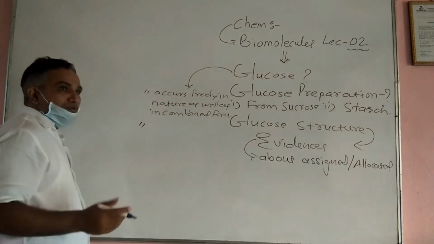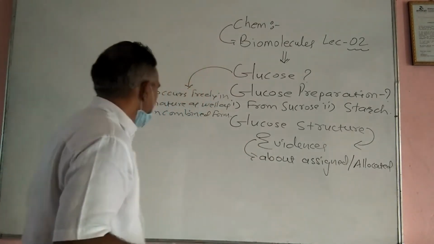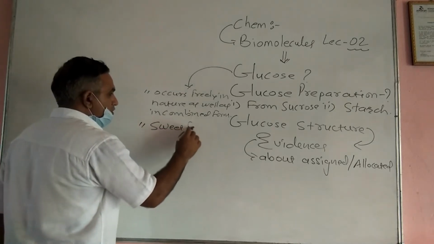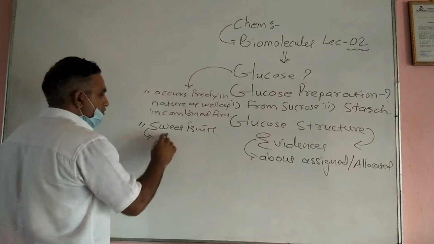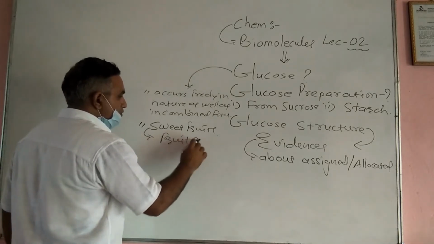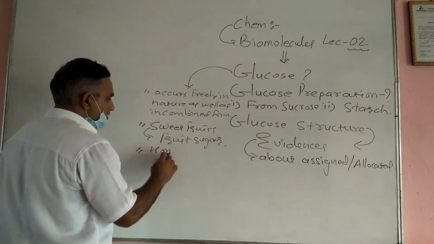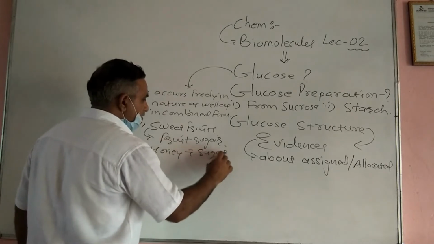Then you already know that glucose is present in sweet fruits. Such glucose present in sweet fruits is fruit sugar. It is also present in honey, as honey sugar.